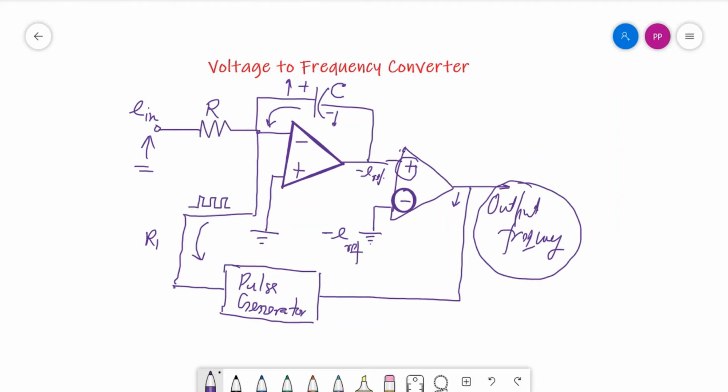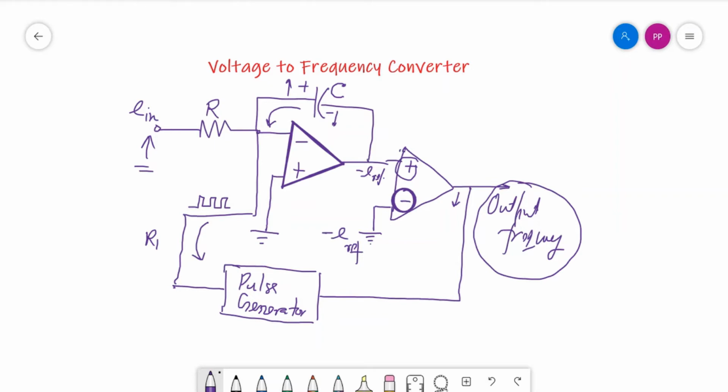We will learn it a little later in the phase lock loop concept. So we can understand that a voltage to frequency converter is used to convert a given voltage into an equivalent frequency, which is used in the instrumentation of digital components or digital instruments.